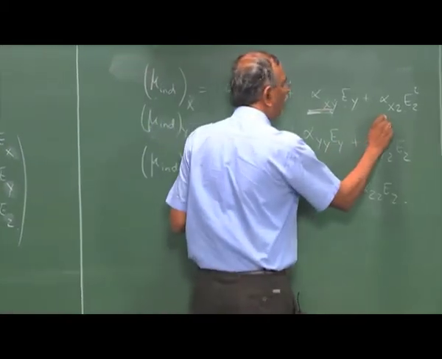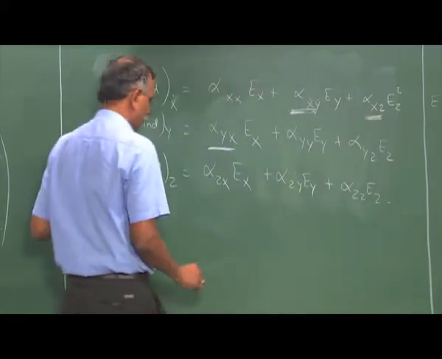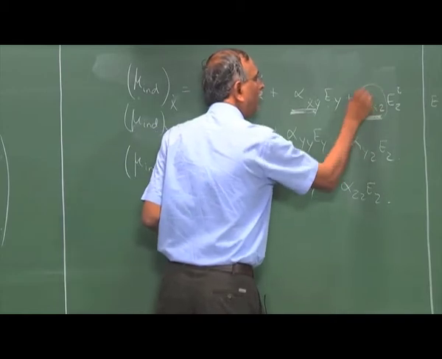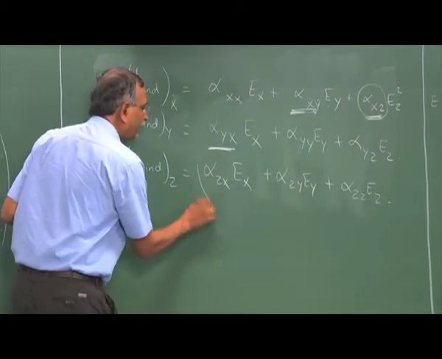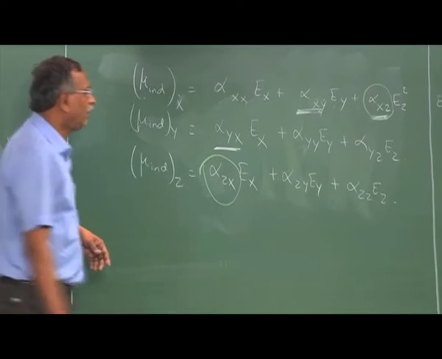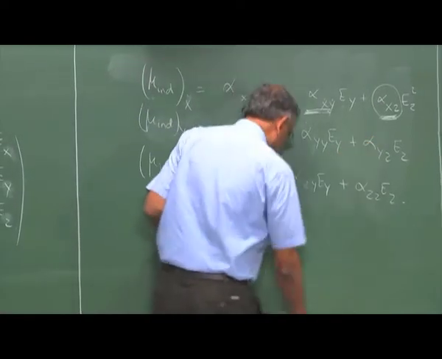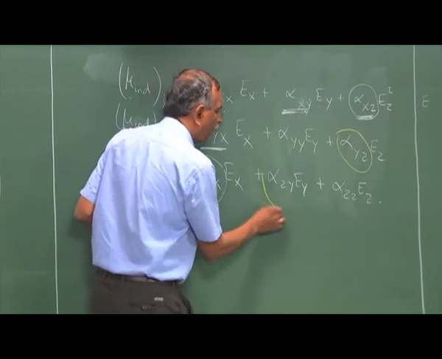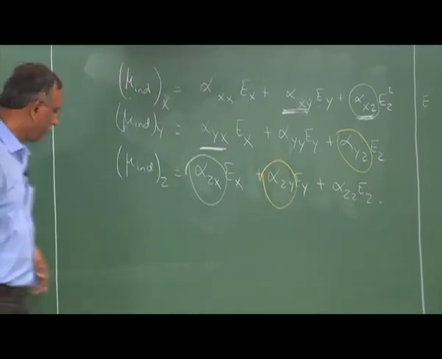In the same way, alpha xz and alpha zx are identical, alpha yz and alpha zy are identical.